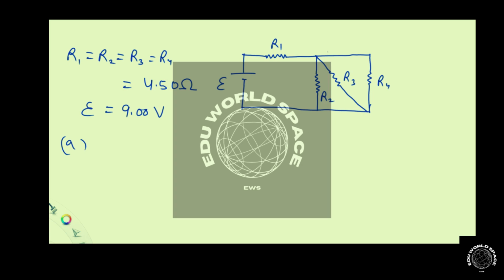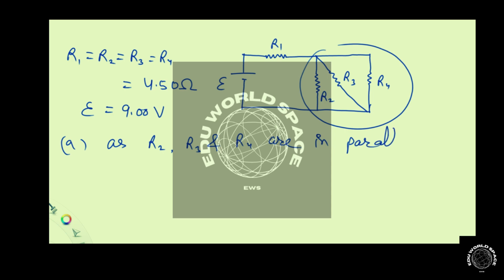So first of all, these three, R2, R3 and R4, are in parallel. Three resistors are in parallel and all three are identical.